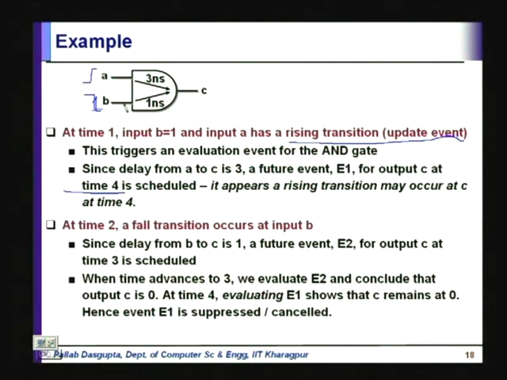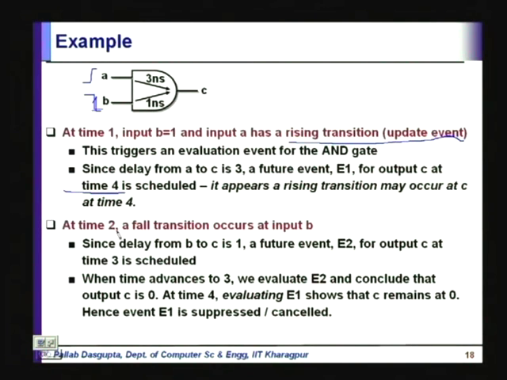Now, note one thing: this was 0 at time t equal to 3. Even though this is not really updating this variable anymore, it does set this to 0. Okay. So, let us see how we interpret this.